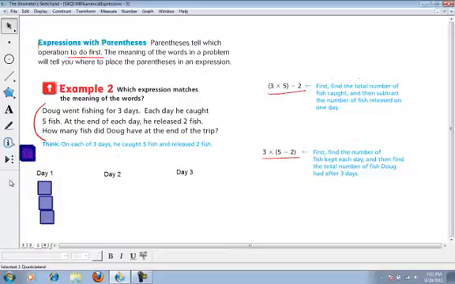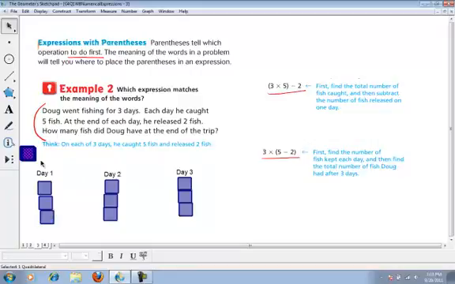So that's day 1. On the next day, he caught 5 fish, and released 2 of them, which means we put them back. On the 3rd day, he caught 5 fish, and released 2 of them, which means he put them back.